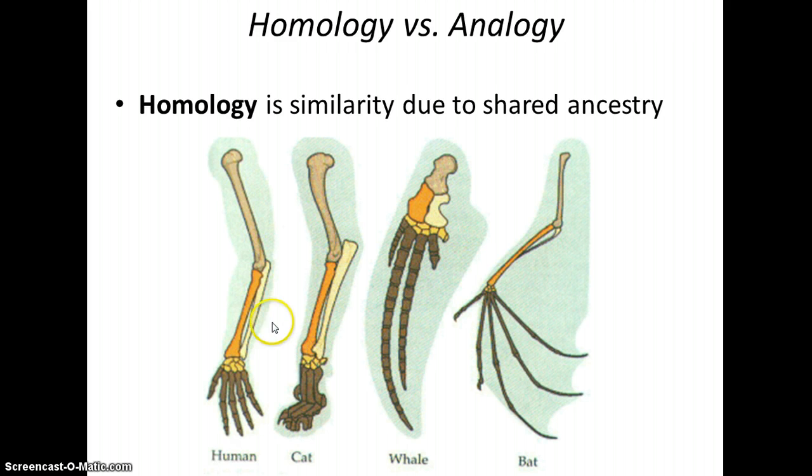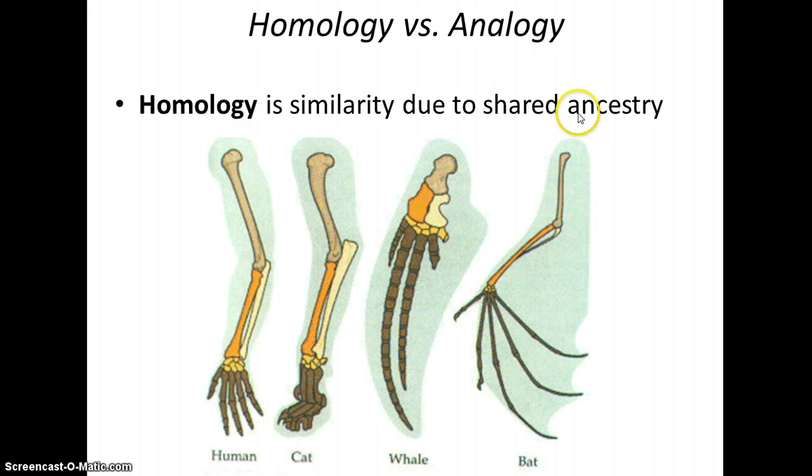And so the fact that they have the same bones strongly suggests that these 4 species have a common ancestor. But each of them uses the trait, this forelimb, for a different purpose, because through evolutionary time it's been adapted and changed towards what that organism does, whether it grabs things, walks, swims, or flies.